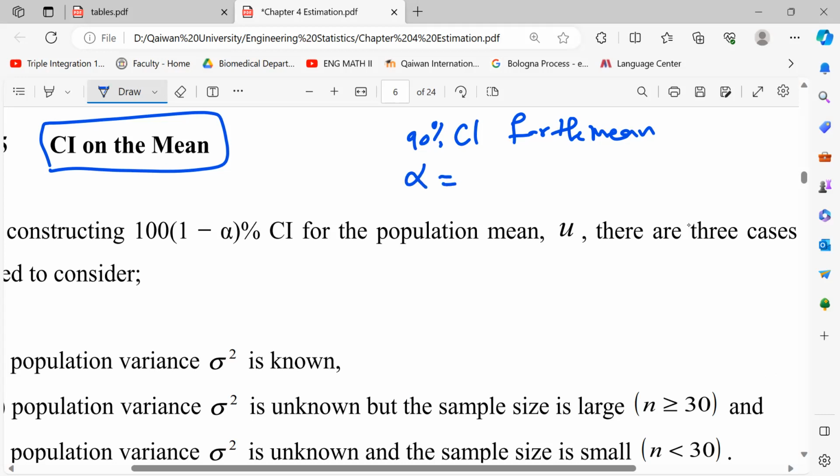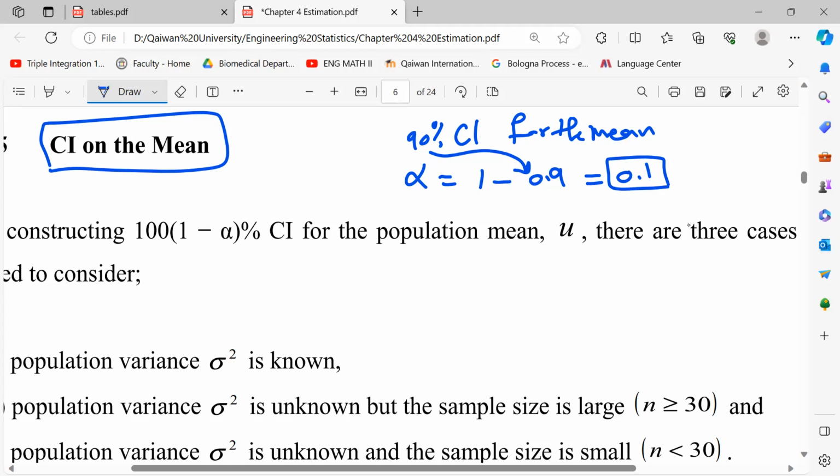Alpha is 1 minus this percentage. This percent is 90%, means it's 0.90. 1 minus 0.9 is 0.1. This is alpha. It's important to find alpha first.